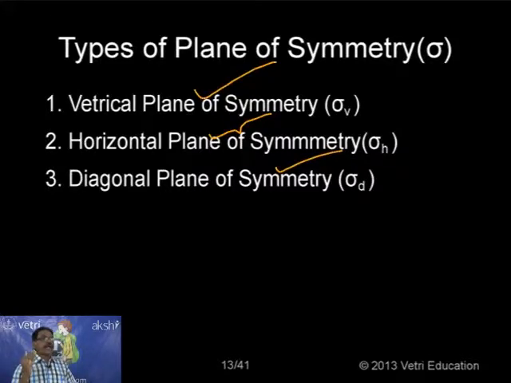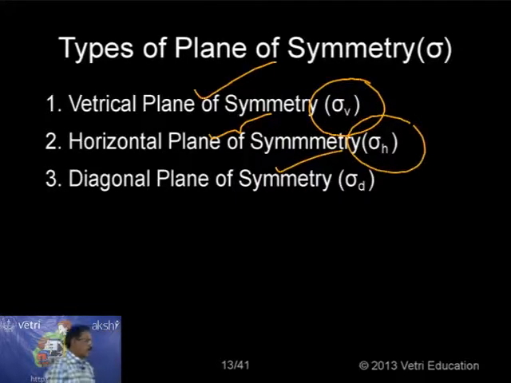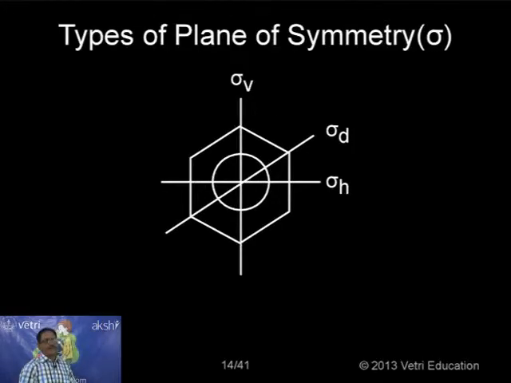The vertical plane is indicated by sigma v, the horizontal plane of symmetry is indicated by sigma h, and the diagonal plane of symmetry is indicated by sigma d. All these three planes I will explain with a suitable example by taking benzene.